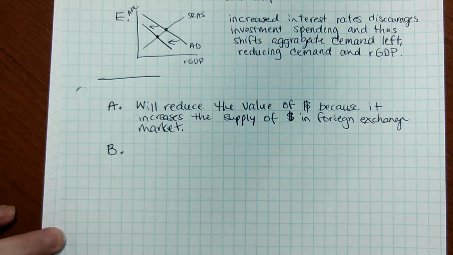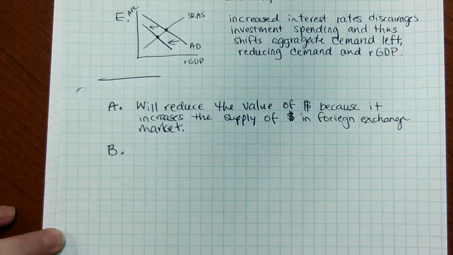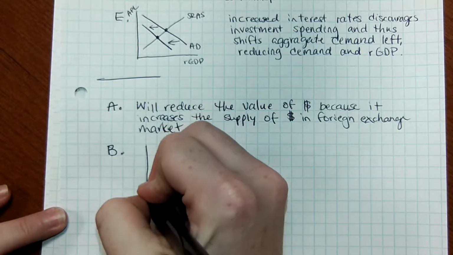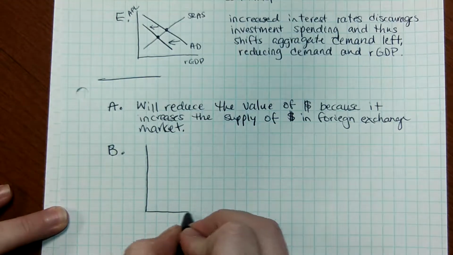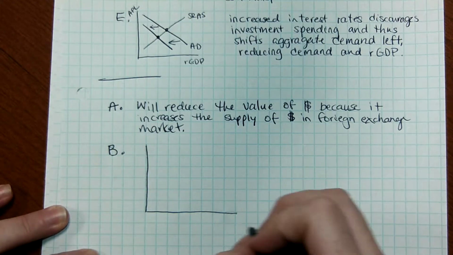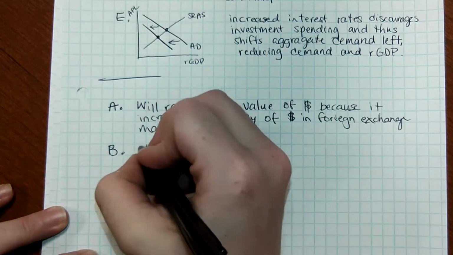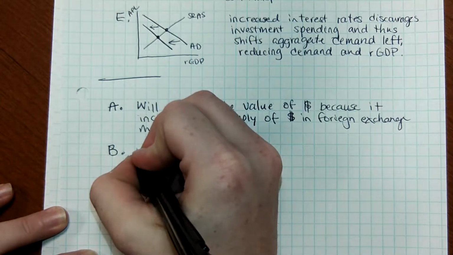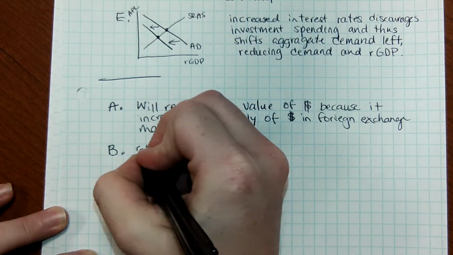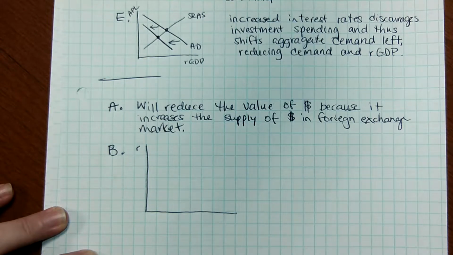Okay. B, using a correctly labeled graph of the loanable funds market. So let's get that going. I'm just going to put R for rate because I'm being lazy and I've got it kind of cramped up here.